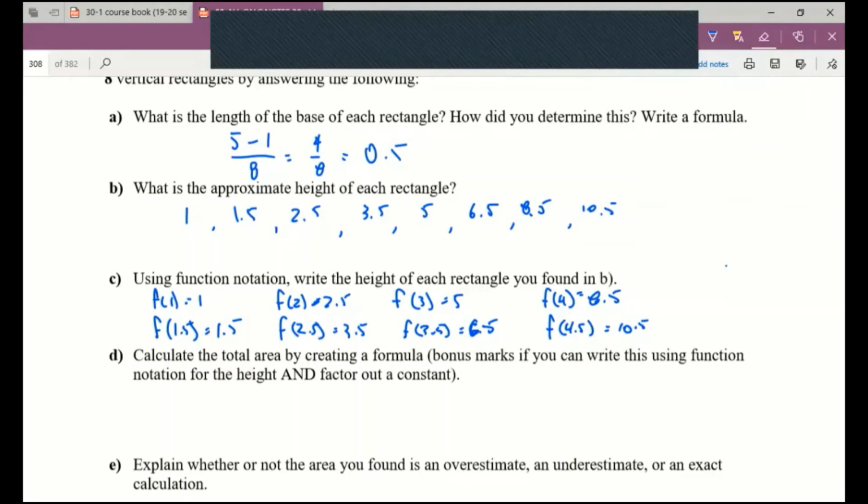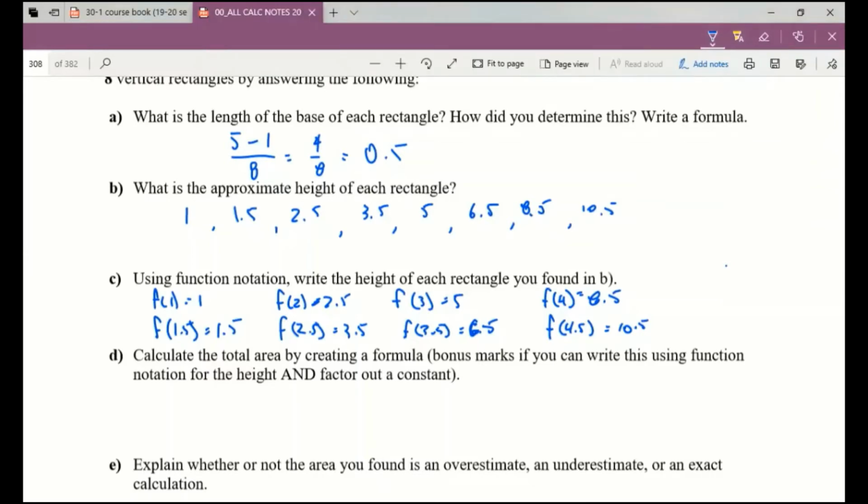In part D, just like before, we're going to find our total area and create a formula for this. So area, for our first rectangle, is f at 1 times our width 0.5, plus f at 1.5 times 0.5, and so on.